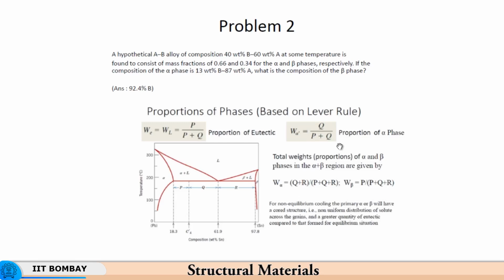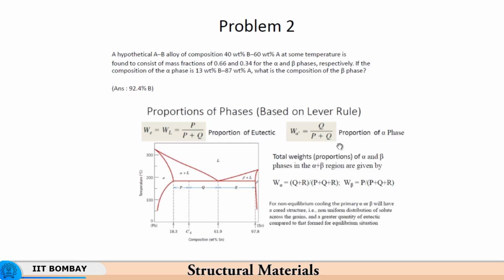So now you get the temperature based on the description of the chemical composition, because you need only one variable to find the temperature, and that is the chemical composition. The chemical composition of the alpha phase is 13%.